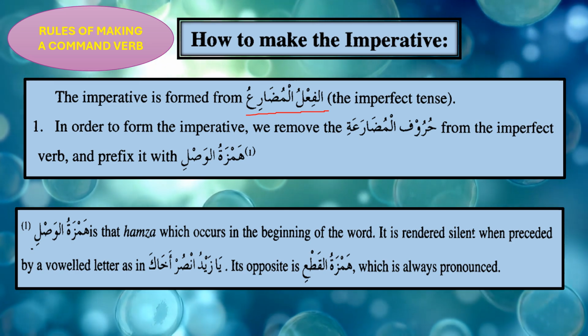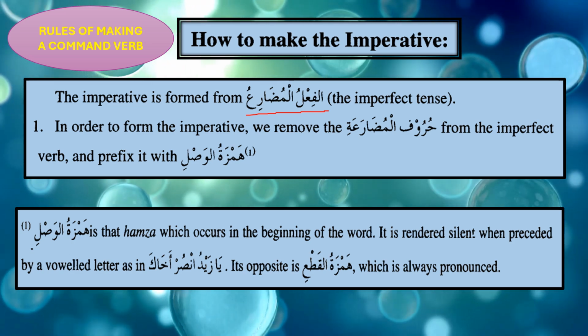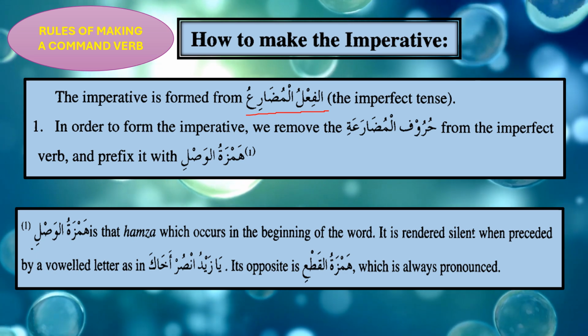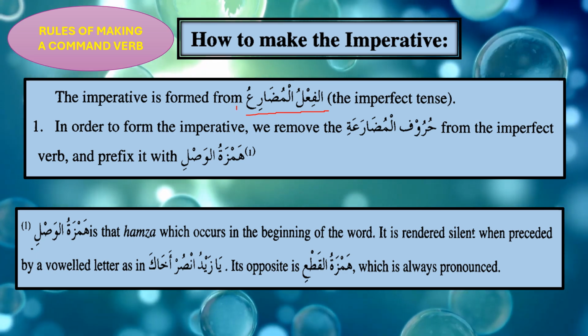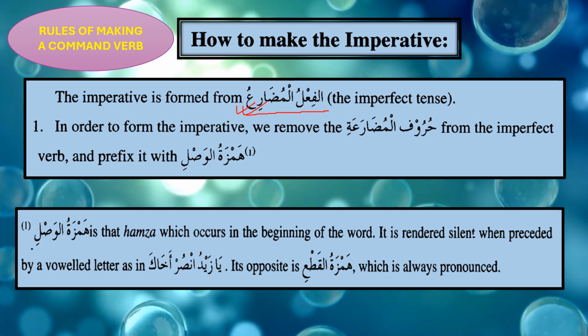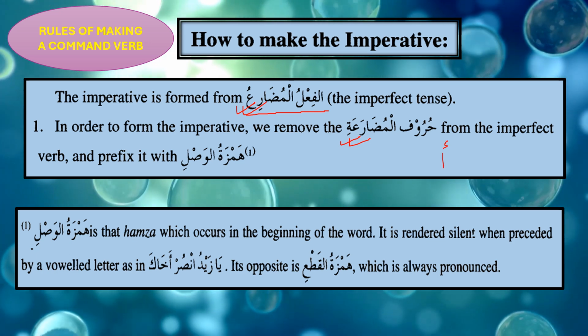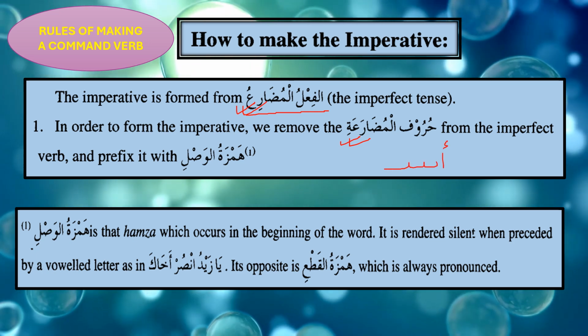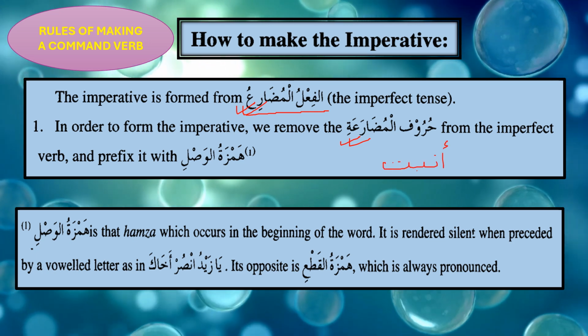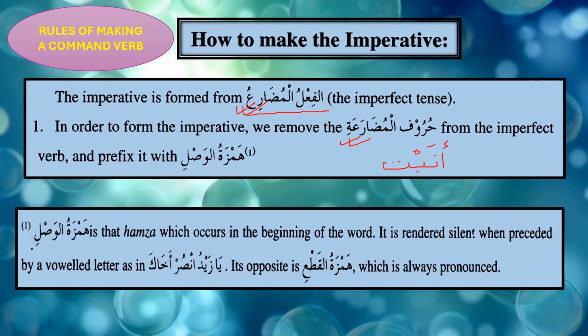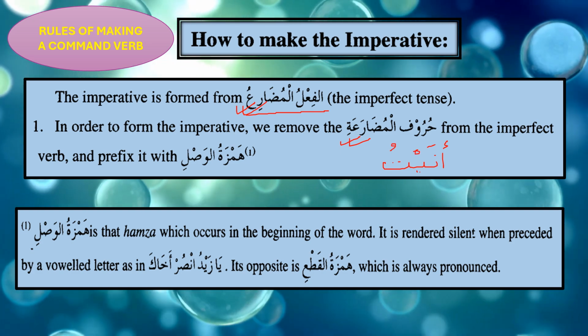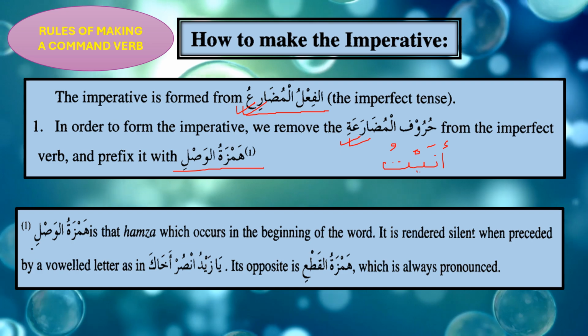There are a few simple steps in making a command verb. First of all, whenever you see a present tense, you need to remove the harf mudare. Remember the harf mudare, anaitu. So you need to remove these harf mudare, and then you need to add hamzatul wasl.